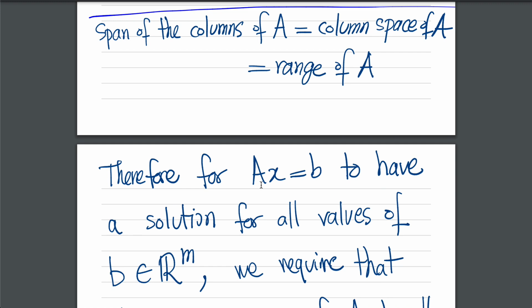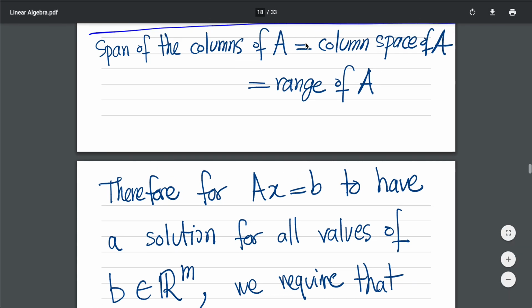So for AX equal B to have a solution, B must be in the column space of A.